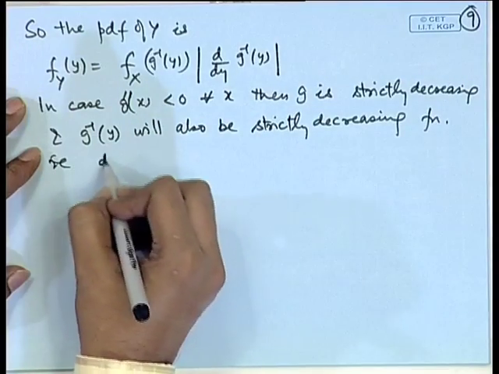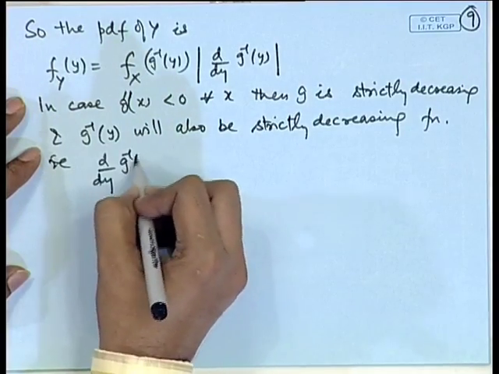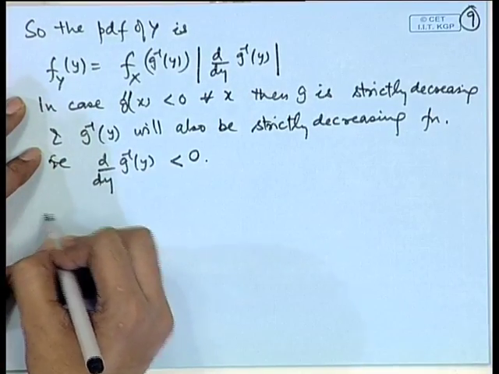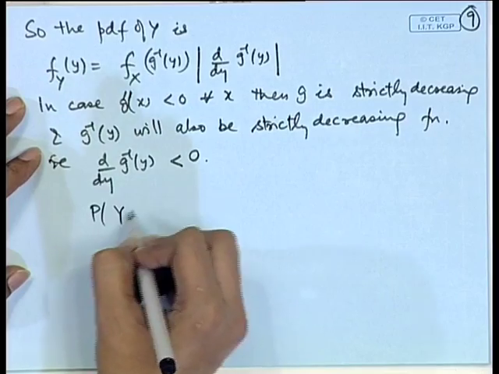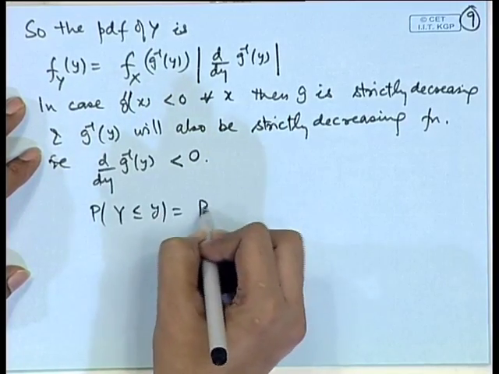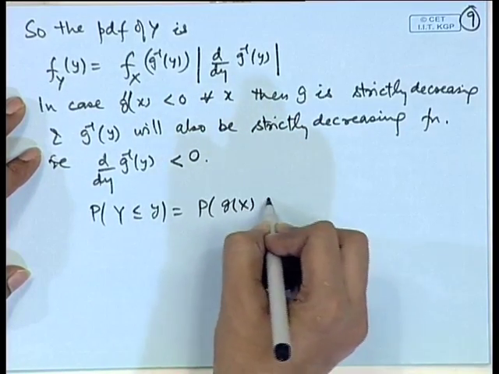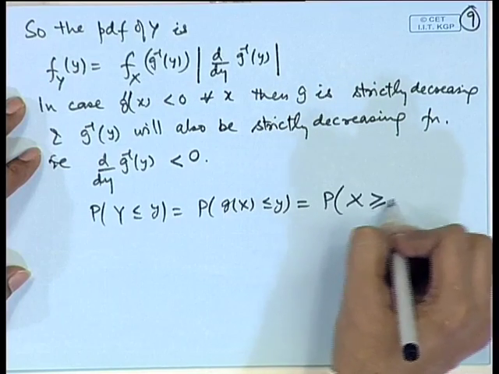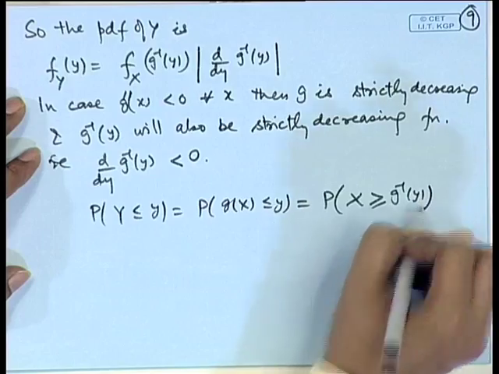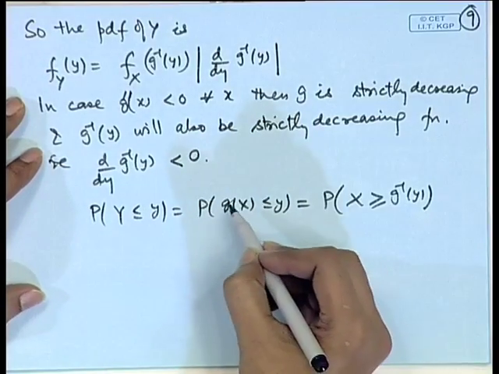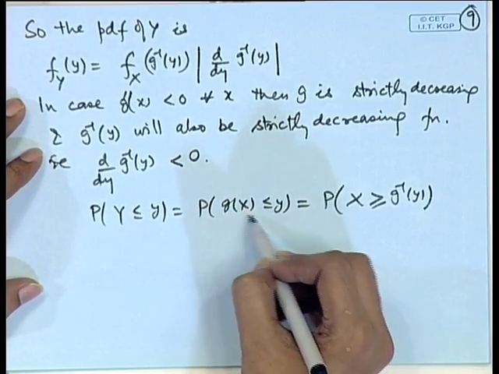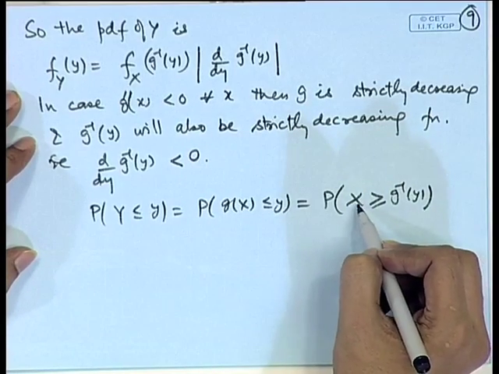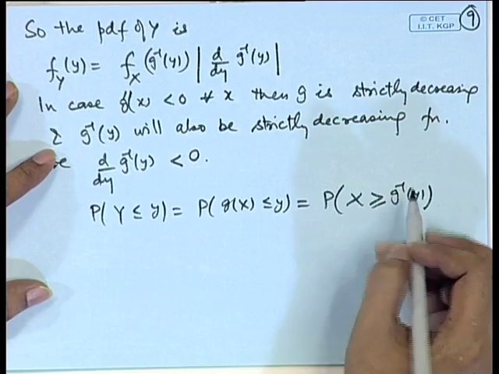That is d/dy of g inverse y will be less than 0. So, when we consider probability of Y less than or equal to y, this will be equivalent to X greater than or equal to g inverse y. Since g is a decreasing function, here the event g(X) less than or equal to y will be equivalent to X greater than or equal to g inverse y.